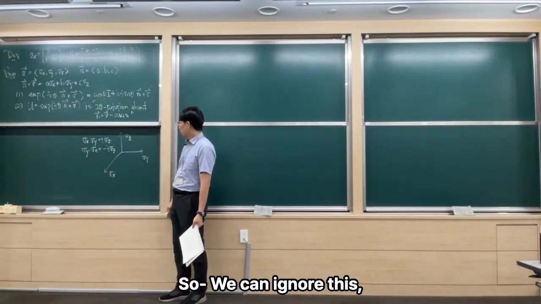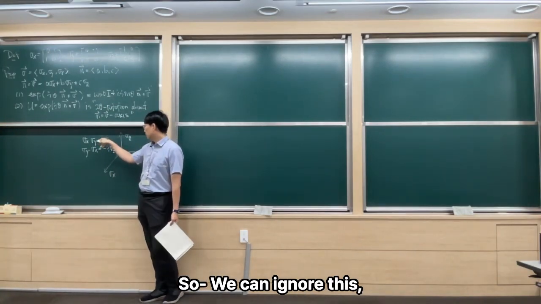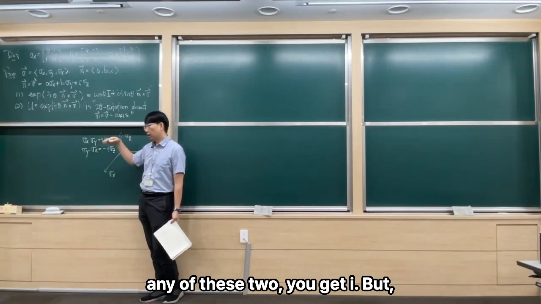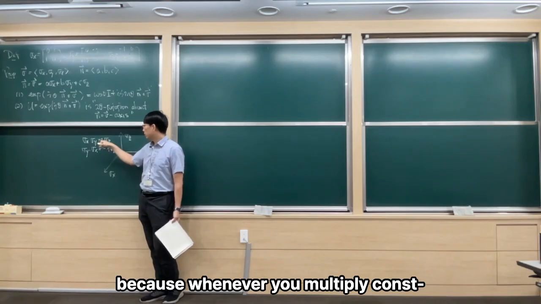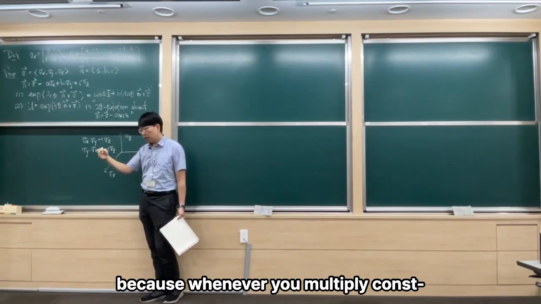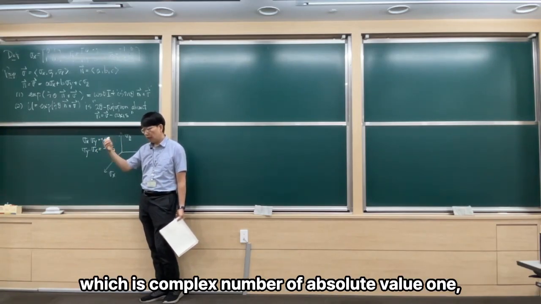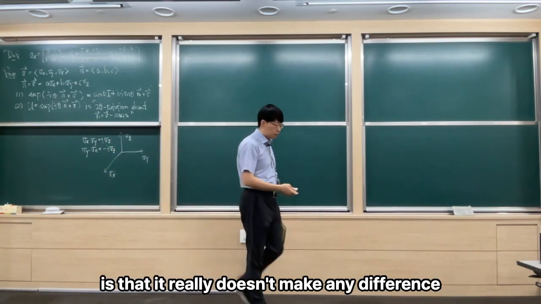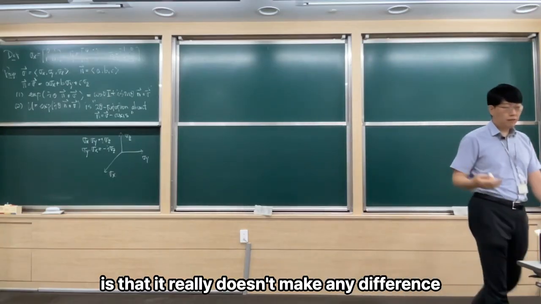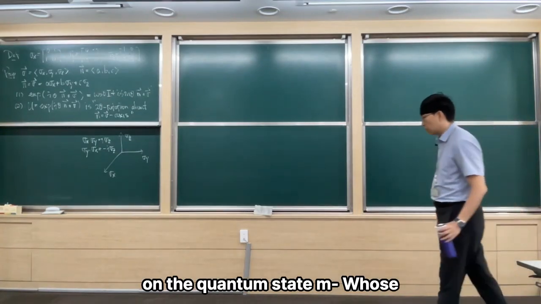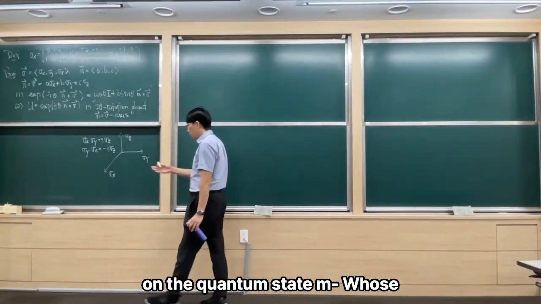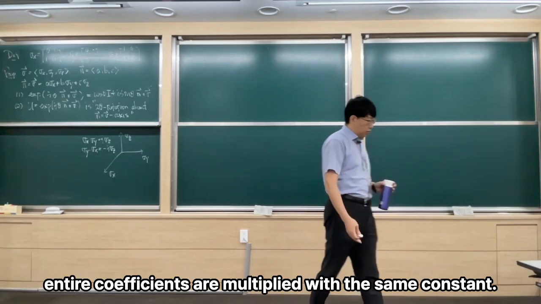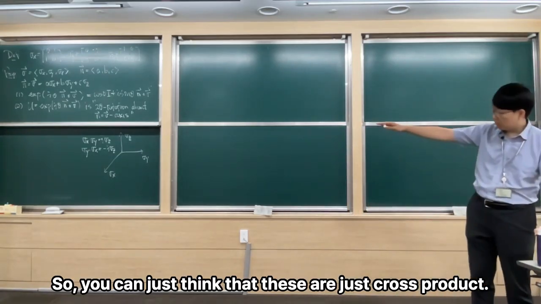We can't ignore this factor of i, because every time you multiply any two of these, you get i, but you can ignore it because whenever you multiply by a constant, a complex number of absolute value 1, what I said two lectures before is that it really doesn't make any difference whether you're working on the quantum state whose entire coefficients are multiplied by the same constant. So you can just think that these are just cross products.